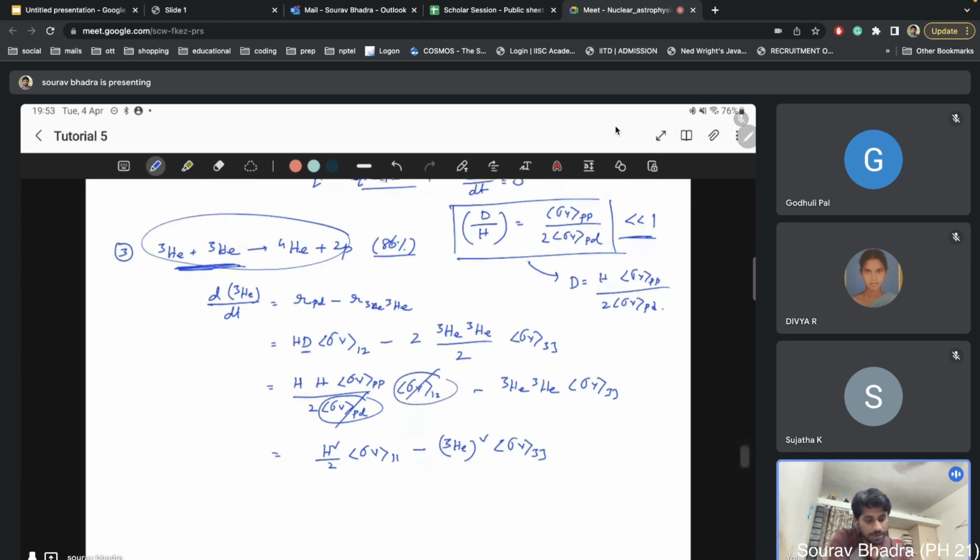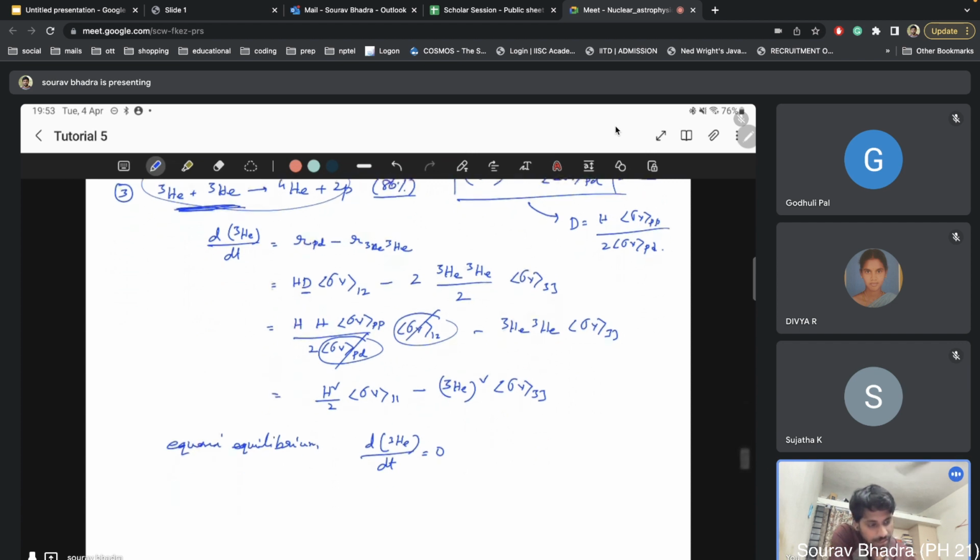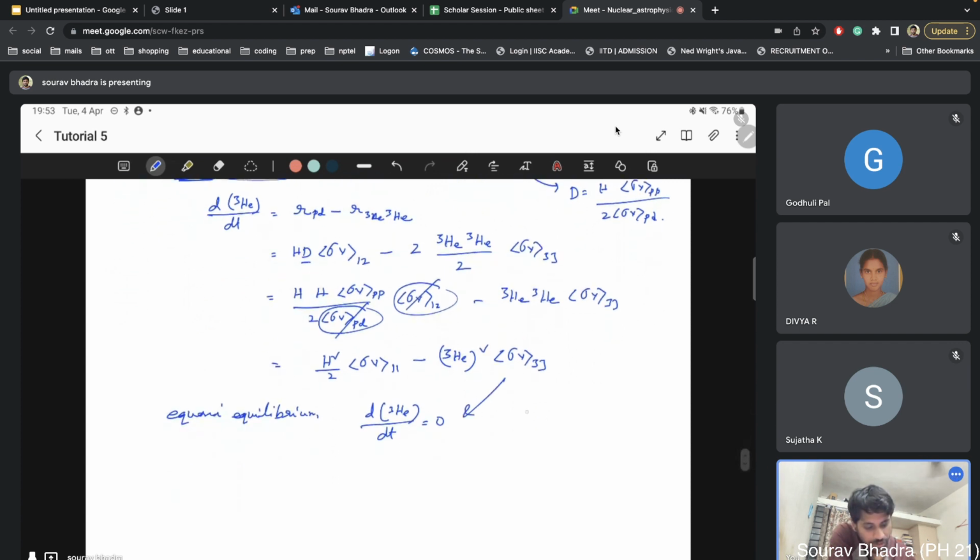And again, if you consider quasi equilibrium, as we are interested in that part, then d 3He by dt equals 0, that means your production rate is the same as the destruction rate. That will give 3He by H, the number ratio, which is sigma V 1 1 by 2 sigma V 3 3.